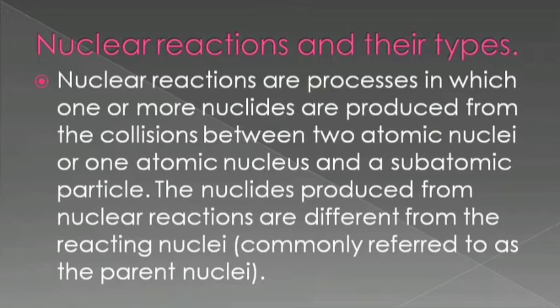A nuclear reaction is a process in which one or more nuclides are produced from the collision between two atomic nuclei or one atomic nucleus and a subatomic particle. So the nuclides produced from a nuclear reaction are different from the reacting nuclei, commonly referred to as the parent nucleus.